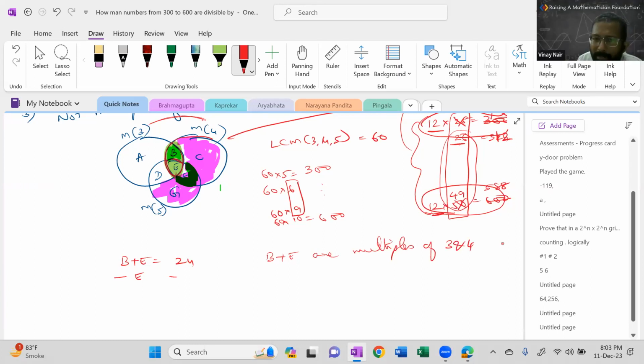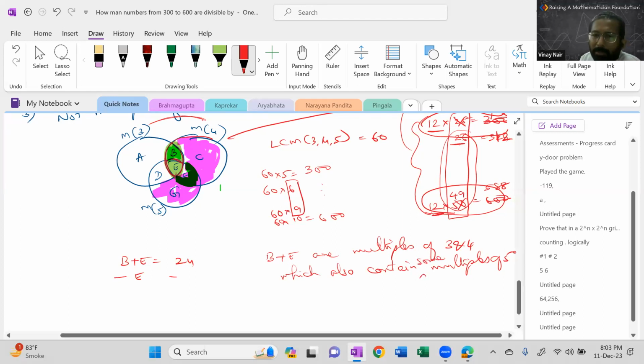So B plus E are multiples of 3 and 4, which also contain multiples of 5. Right? Multiples of 3 and 4 can also contain some multiples of 5.